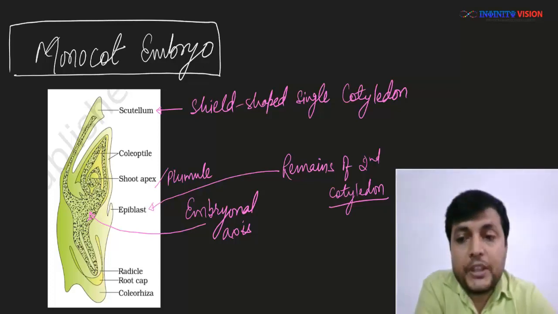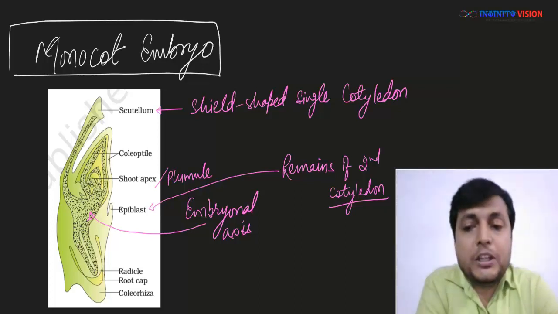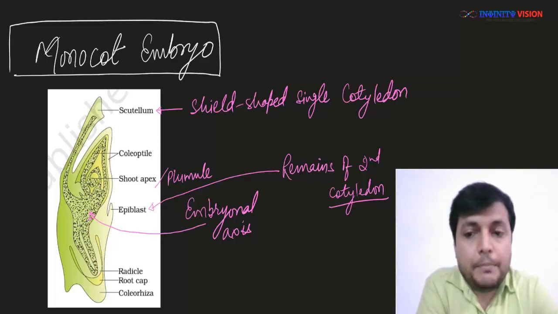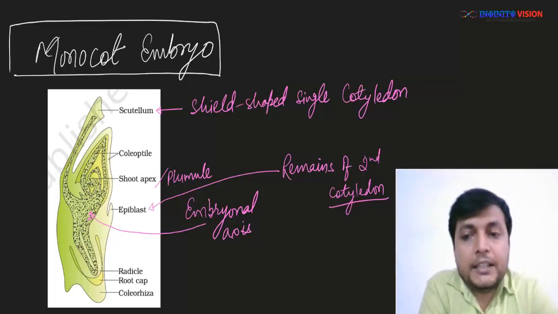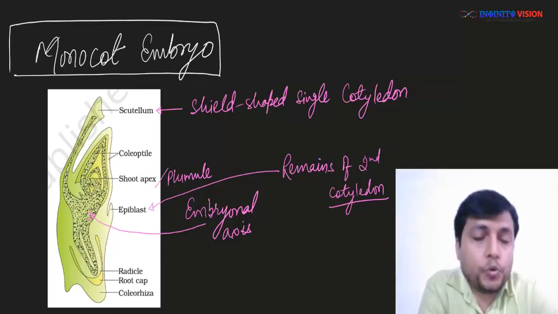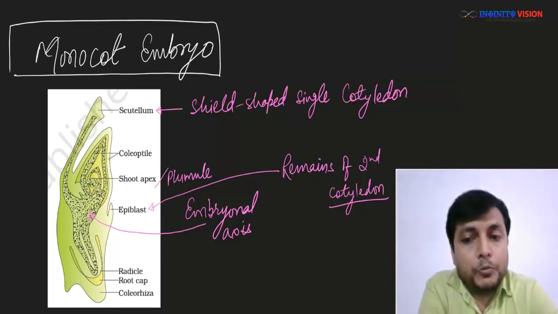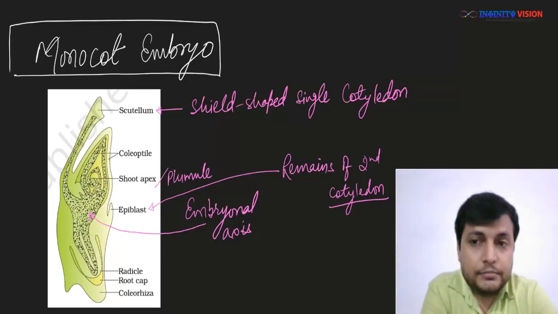Now when we go to the epicotyl region, that is, above this axis, we find the coleoptile, and inner to the coleoptile is the shoot apex, which is also known as plumule. Now when we move downwards, down to the embryonal axis or tigellum, we again see the coleorhiza, root cap and radicle, similar to the dicot embryo.